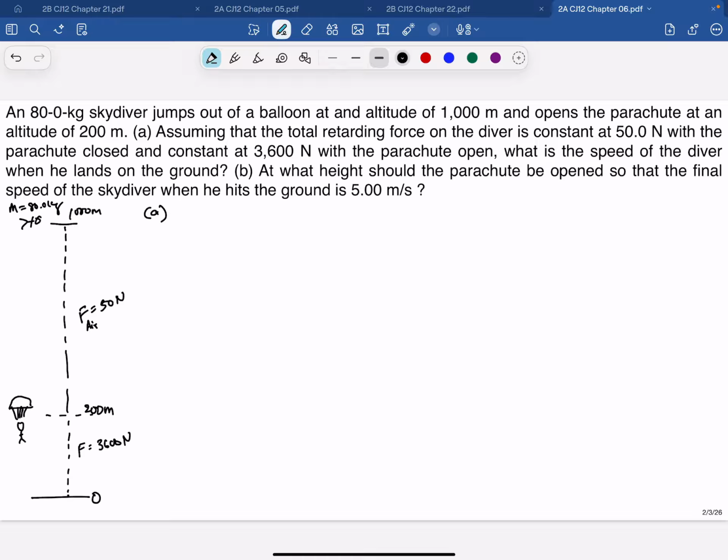What are they asking me to find in part A? VF equals question mark. I'm going to write that and circle it to remind myself that's what I'm after. How are we going to do it? When all else fails, use energy. This is an example in the energy chapter, so it's got to be this. This is a choose your own adventure.